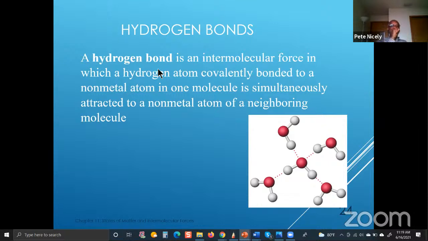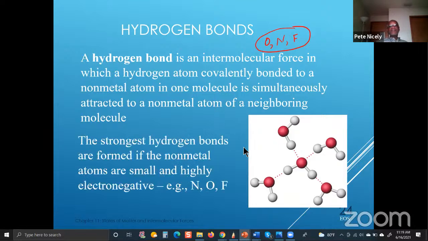It's an intermolecular force, but a very strong one. It exists where you have hydrogen atoms bonded to a very electronegative nonmetal, and the nonmetal atom must be one of three elements: oxygen, nitrogen, or fluorine. So any compound which contains hydrogen bonded to any one of these atoms can exhibit what we call hydrogen bonding.